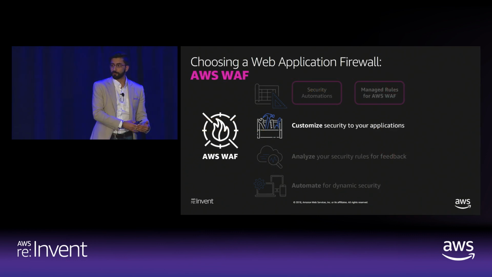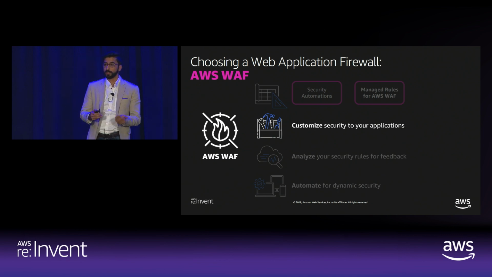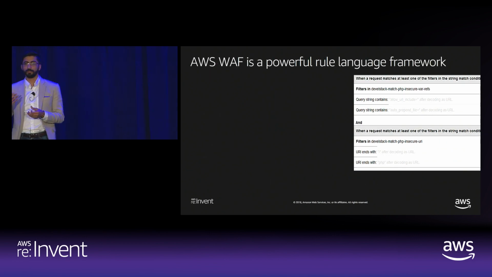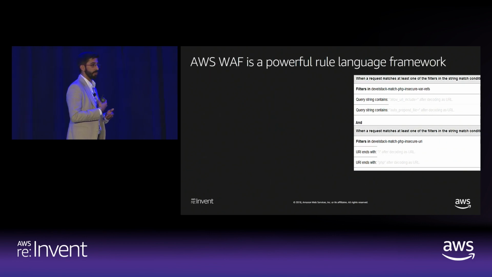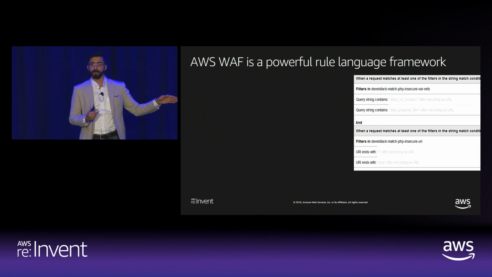So once you've built that foundational security, you can then use our powerful rule engine to create your own custom securities. To do this, you start off with a rule. A rule will have a number of different rule conditions, which can be anything ranging from a regex rule to a query string to a simple IP match.